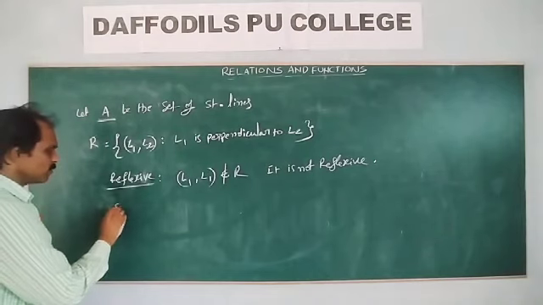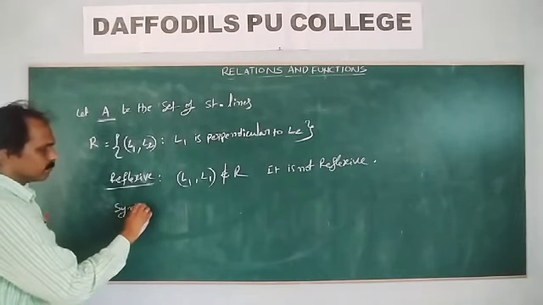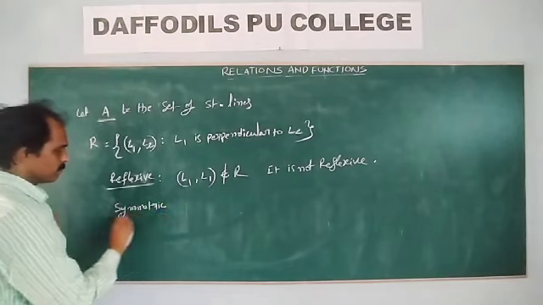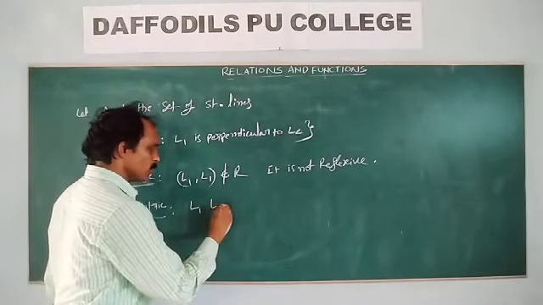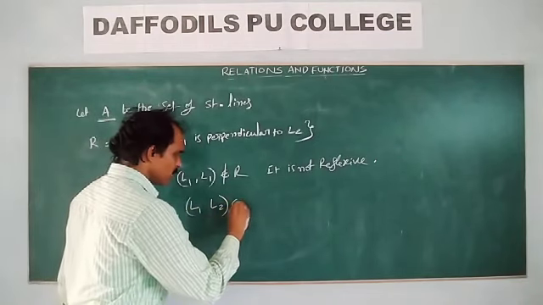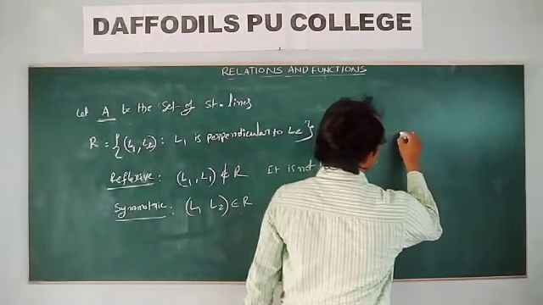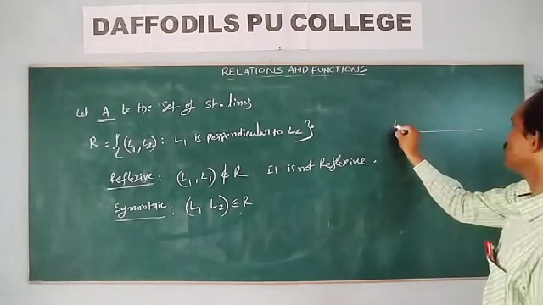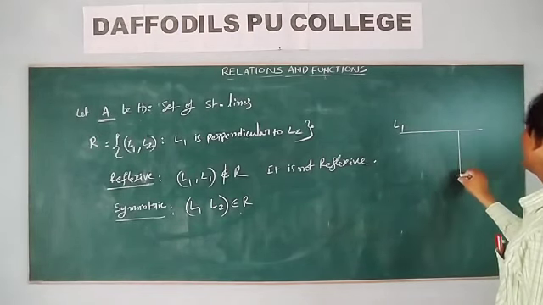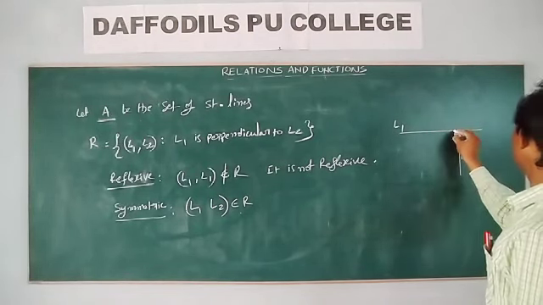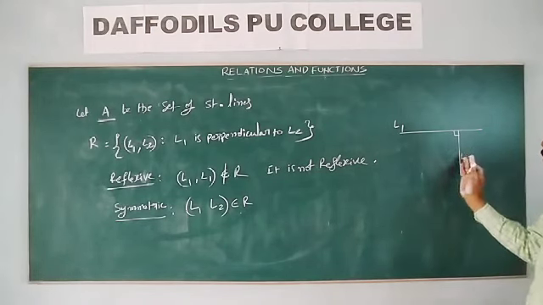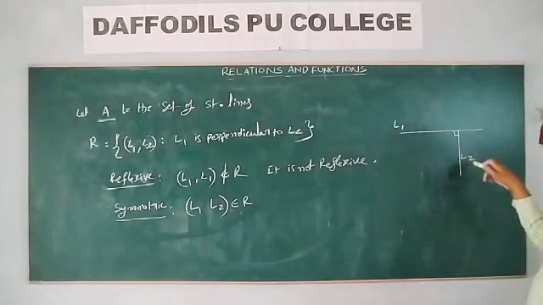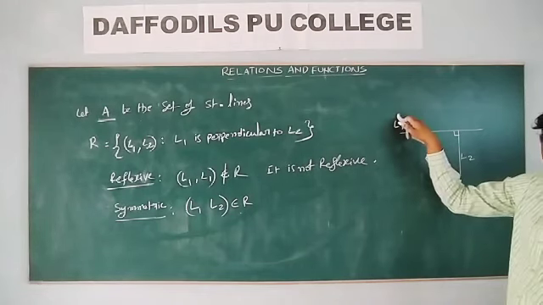Next one, symmetry. Take two lines. It is possible that (L1, L2) belongs to R. Suppose this is L1 and this one is L2, perpendicular. L1 is perpendicular to L2 implies L2 is perpendicular to L1. Clear?